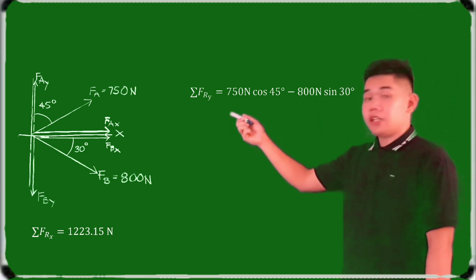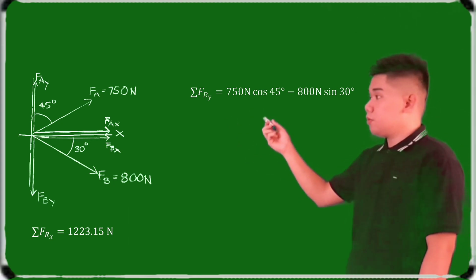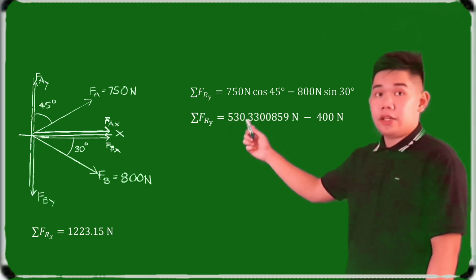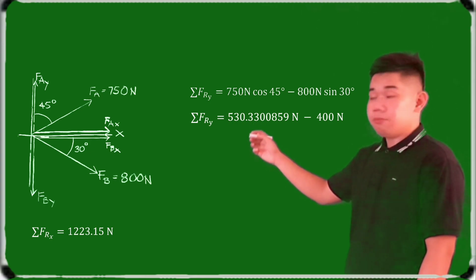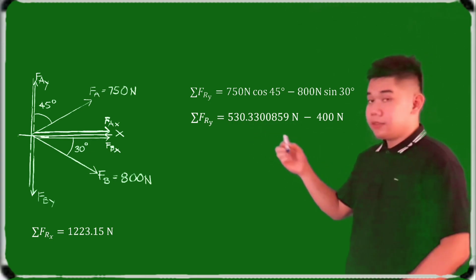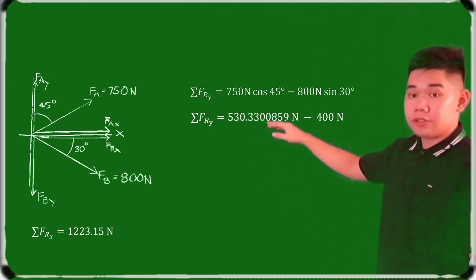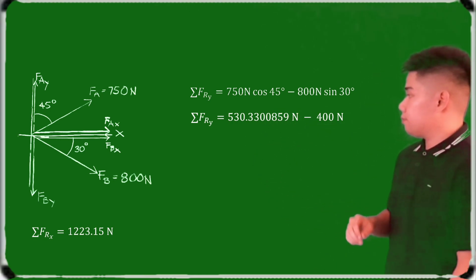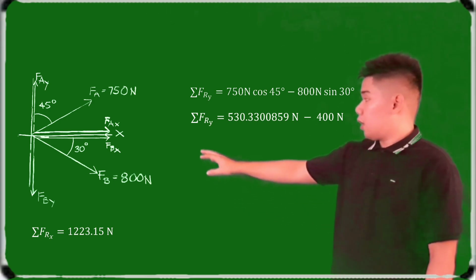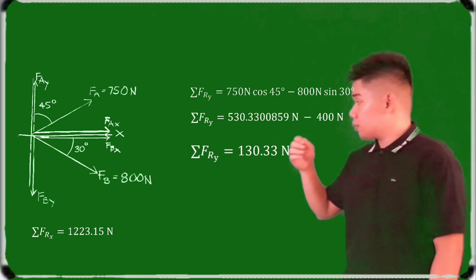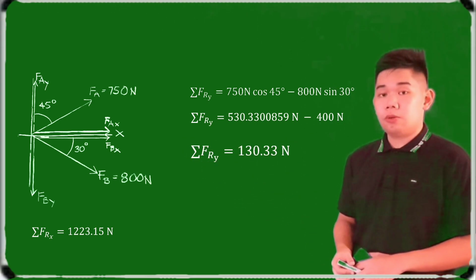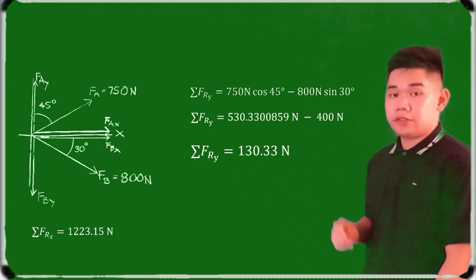In calculating those two, we have 530.3300589 Newton minus 400 Newton. So our summation of forces of Y is 130.33 Newton.